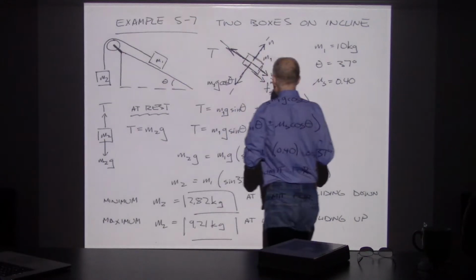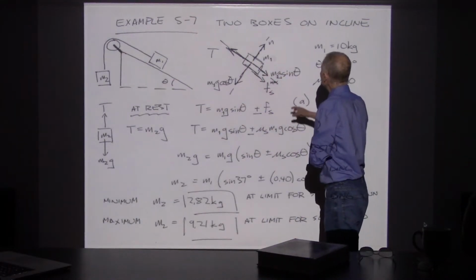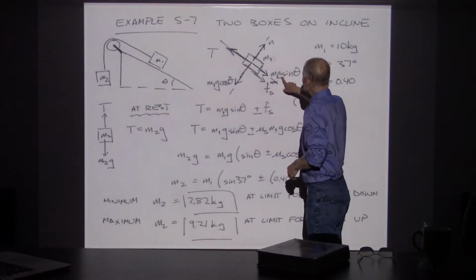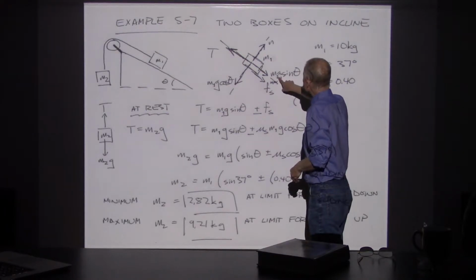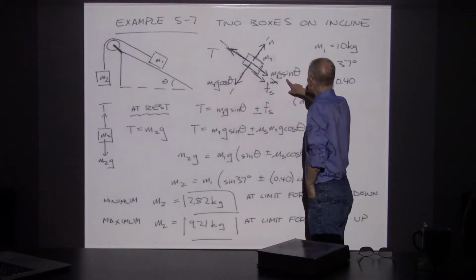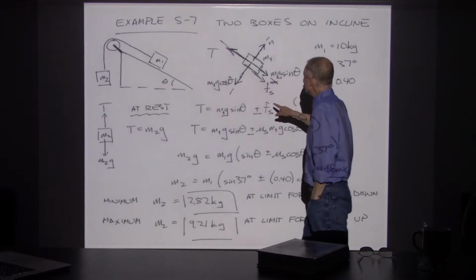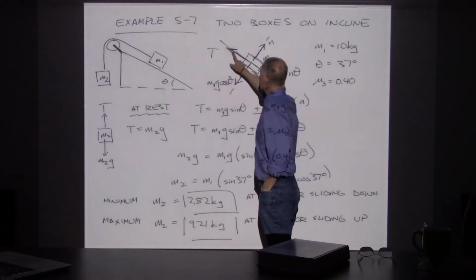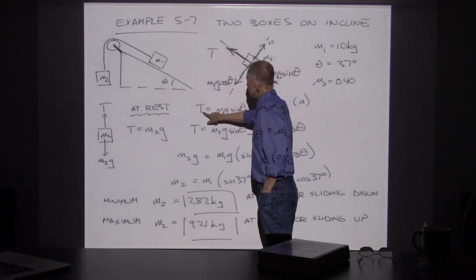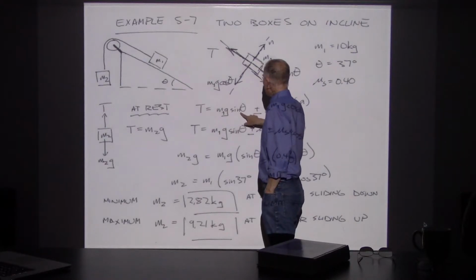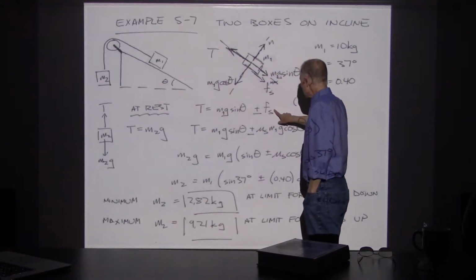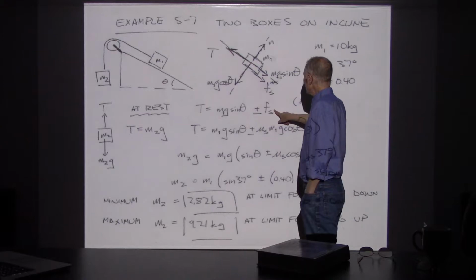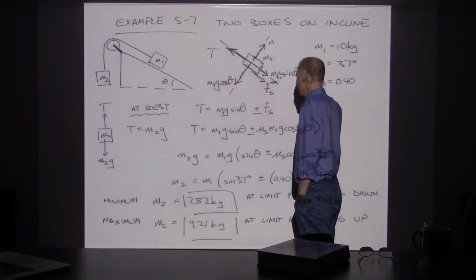Now, what are the other forces that are going on? Well, there's an mg, I know it doesn't look like it, but it's m1g sine theta. So the way tension would work is the tension either needs to be m1g sine theta plus an additional static frictional force, if the frictional force is directed downwards.